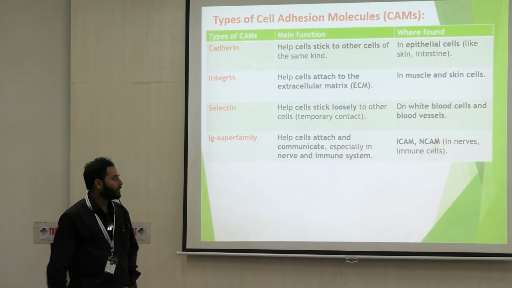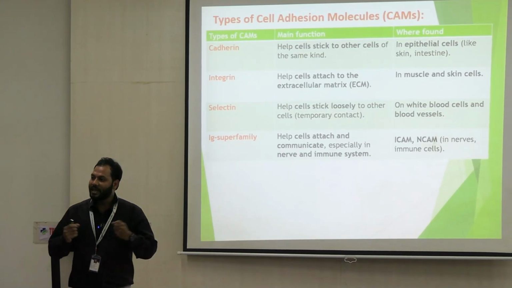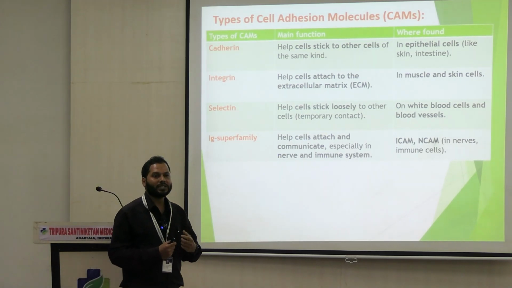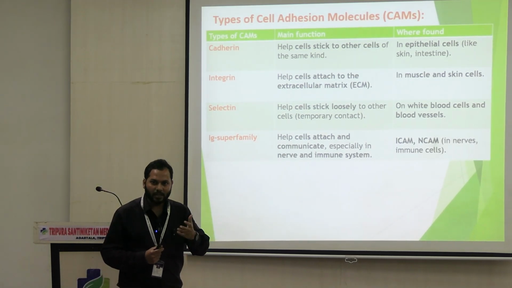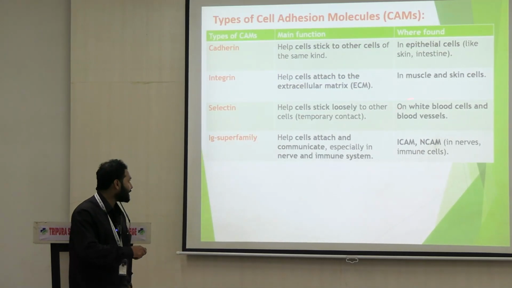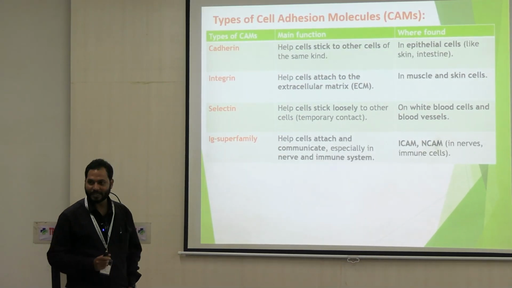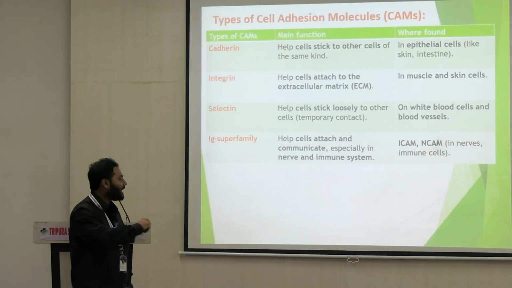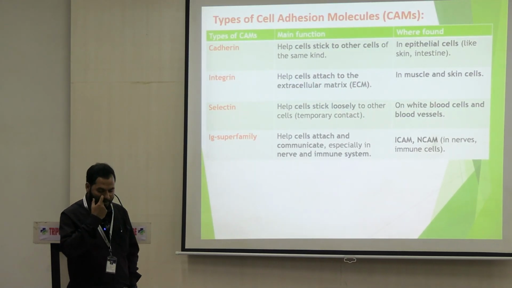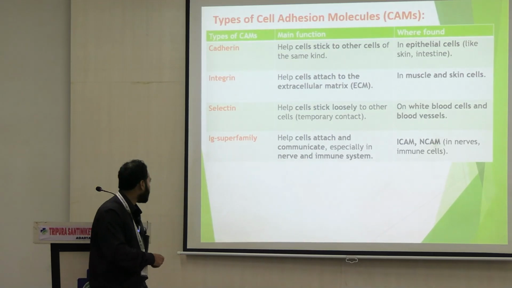Whereas selectin also forms the connection between cells, but the strength of the connection between cells here is a little less, a loose connection, right? These types of cell adhesion molecules are found in white blood cells as well as the cells present in blood vessels.